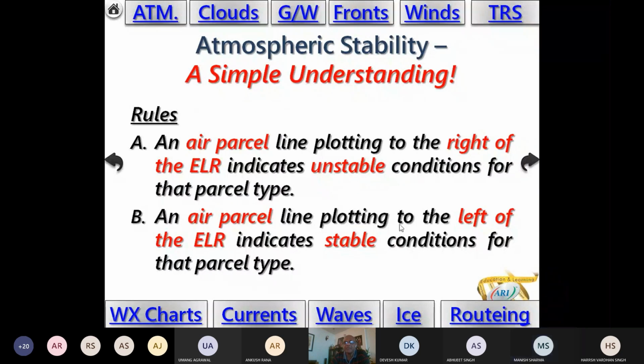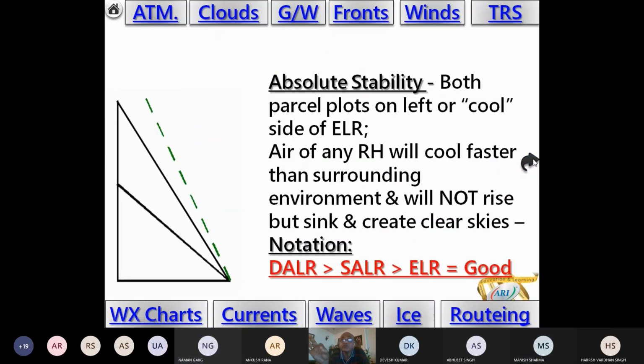An air parcel line plotting to the left of ELR is stable because it is on the colder side. Are you with me till here? Yes, sir.